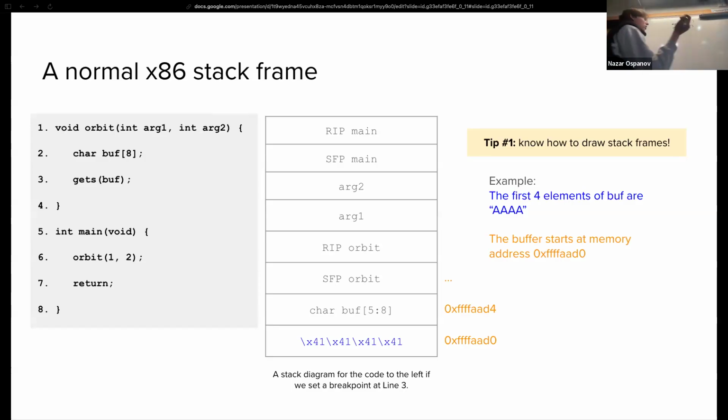Right, so the first thing we do is put the argument on the stack frame, so we'll put arg1 on the stack frame. Then there are two acronyms that go on the stack frame, which I'm sure you're kind of sick of at this point. What goes next when we're drawing these stack diagrams? Yeah, RIP, SFP, wonderful.